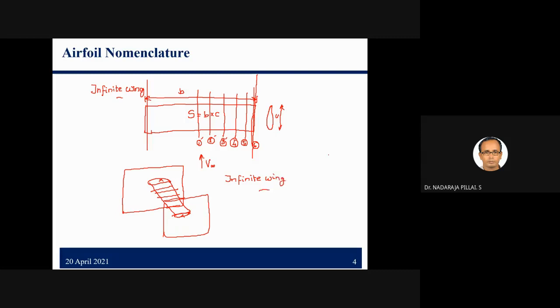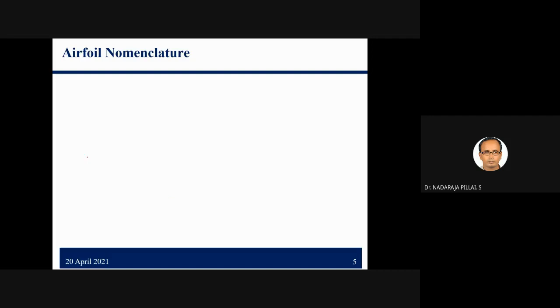In the infinite wing, there is no change in the aerodynamic property with various cross sections. Now you may ask, sir, then where is the difference? So I can say something called a finite wing.